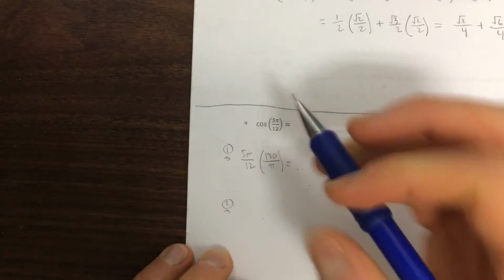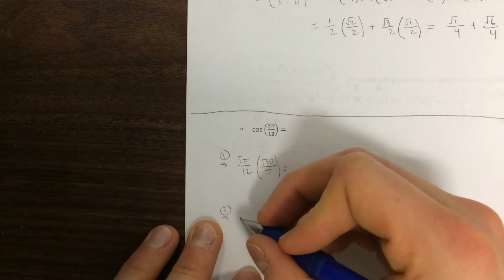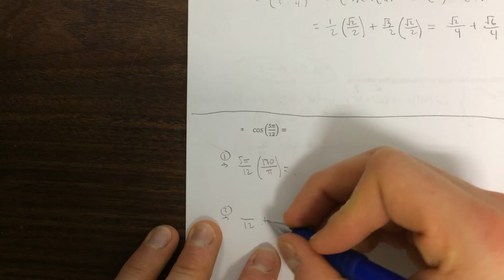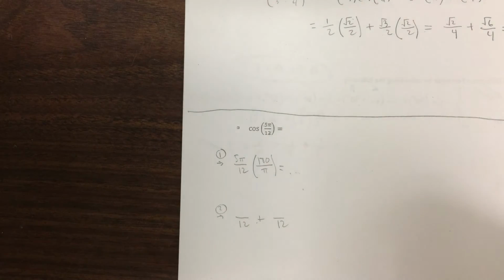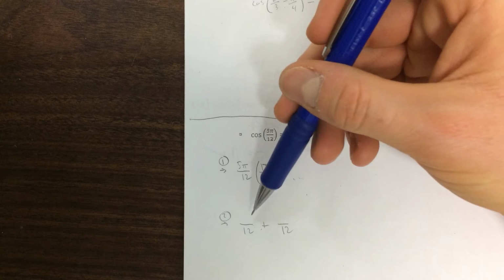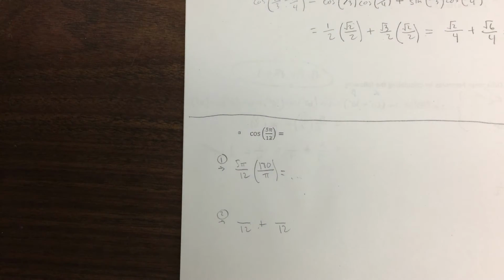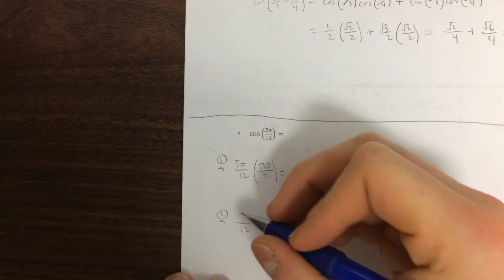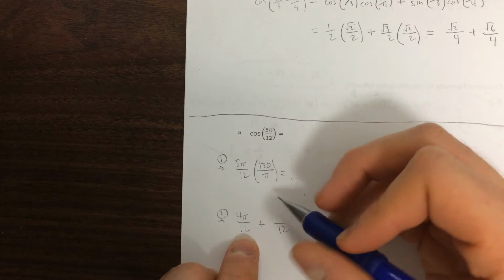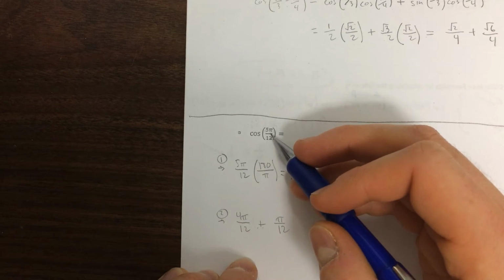Another thing you can do is here. We know we want 5 pi over 12. Well, maybe you do something like 12, right? And now you're trying to figure out what 2 numbers, if I add them in the numerator, would get me to 5. Now you need to be careful here, because if you choose like 4 pi and pi, 4 pi plus pi is 5 pi.